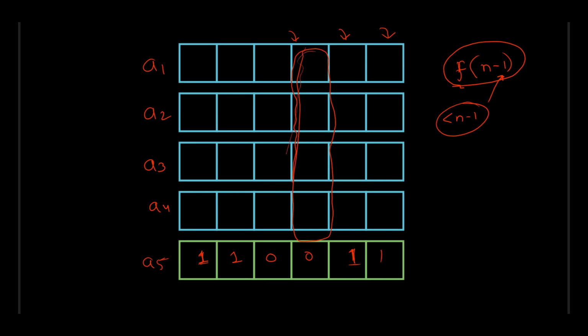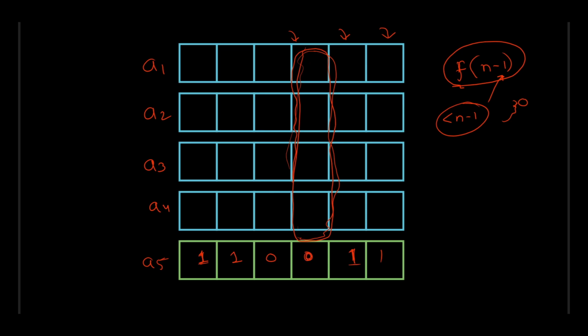if the total number of set bits in this particular bit index is less than n minus 1, then no matter which subset you select, there will be at least one 0 that will sneak into that subset. And then this result will always be 0, right?